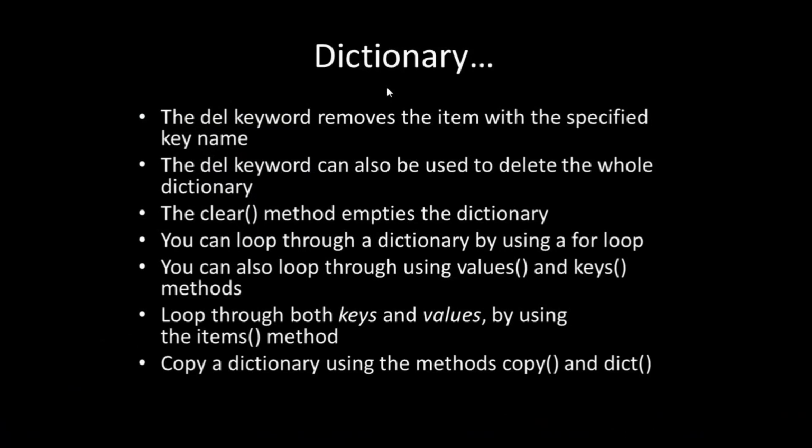Dictionary 1 equal to dictionary 2 is basically a reference to the dictionary, meaning whatever changes you do to dictionary 1 will also affect dictionary 2. If you want a separate copy, you have to use the copy method or the dict method. Okay, so let's see how.